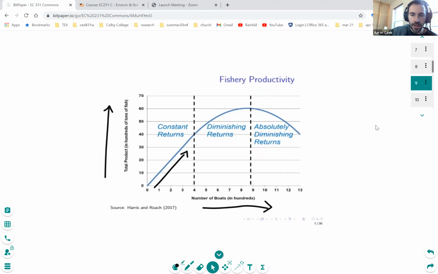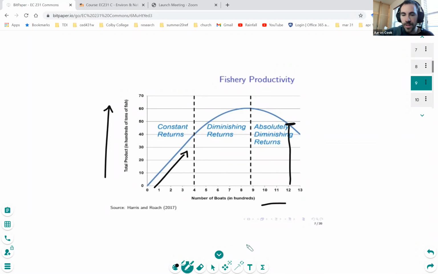Let's say you're out here in the 1200s of boats, your total catch is close to 5,000 tons. This is in hundreds of tons, so that's about 5,000 tons with these 1200 boats.